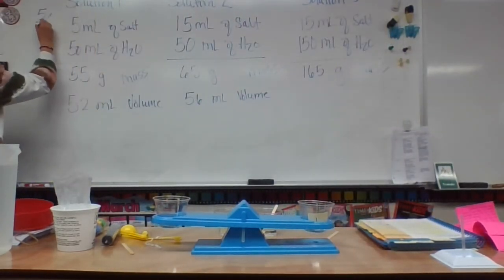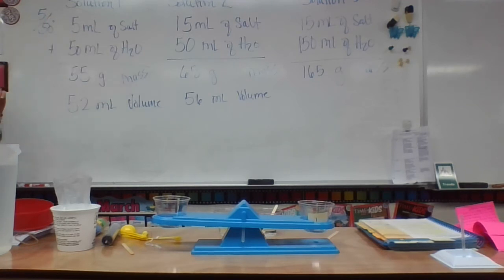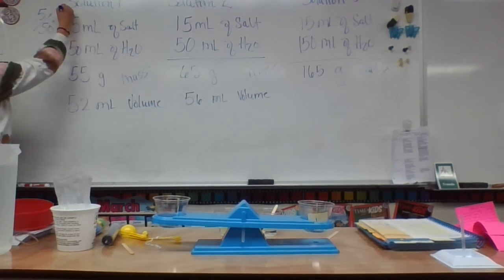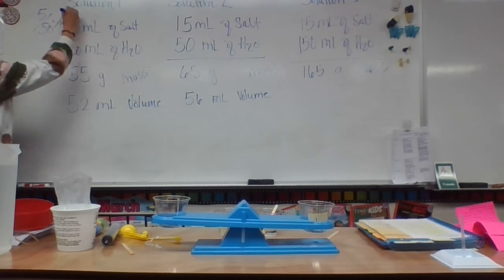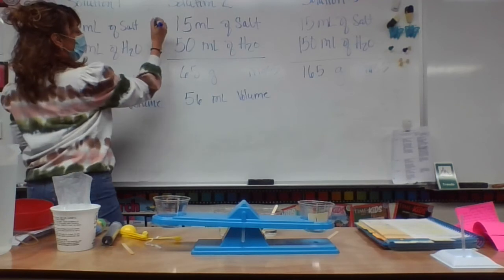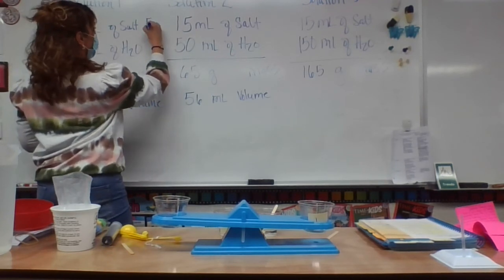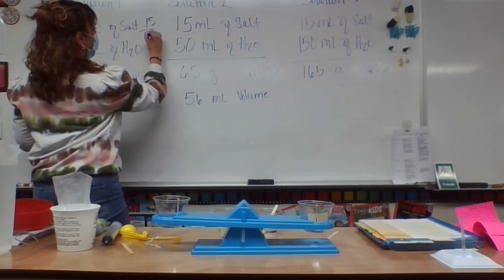5 out of 50. How do you reduce or simplify 5 out of 50? Kaden. Evie. 1/10. Yeah. Okay, then here is 15 out of 50.